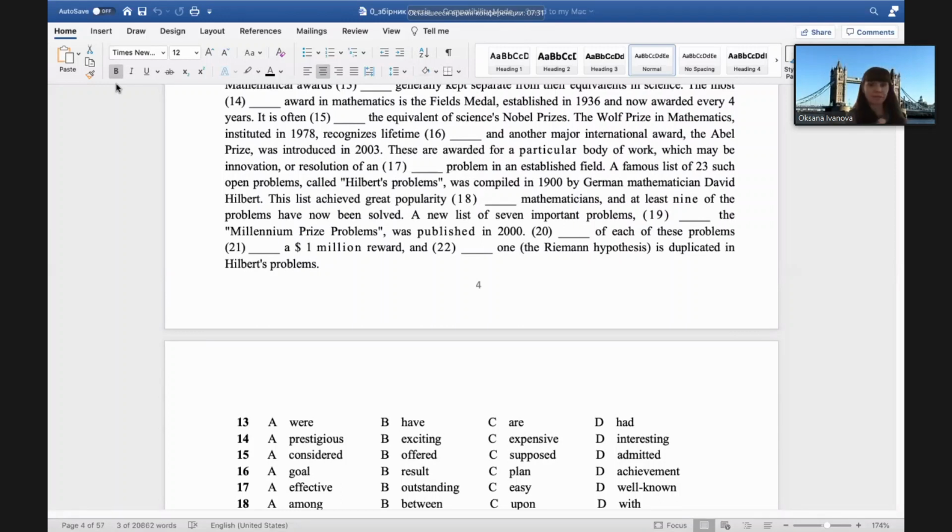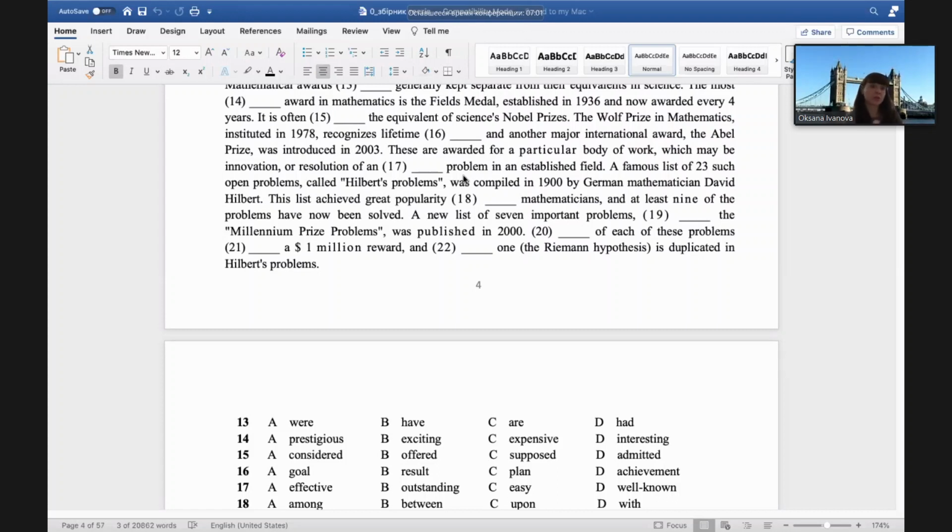These are awarded for a particular body of work, which may be innovation or a solution of an outstanding problem in an established field. Yes, okay. Outstanding. What's the meaning? Outstanding. I think it is a problem which has existed for many years.